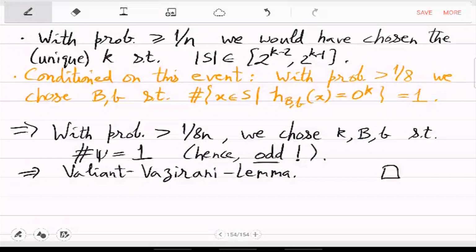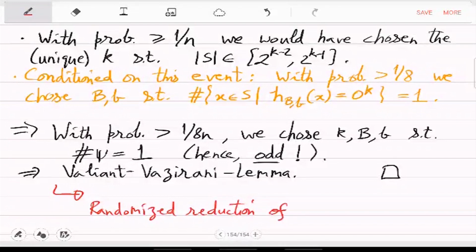Right. So, that's a great result. In fact, it is showing not reduction to Parity-SAT, but unique SAT. So, we actually gave a polytime randomized reduction of SAT to unique SAT.